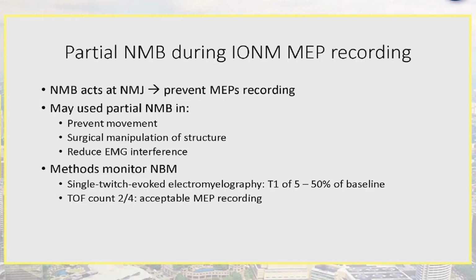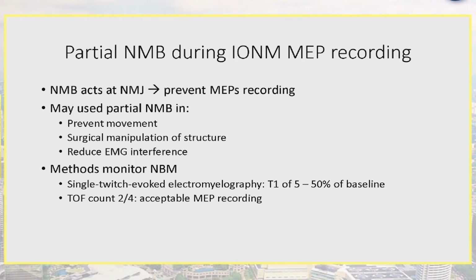However, usually weakness is due to neuromuscular blockade. Usually when we apply neuromuscular blockade, it acts at the neuromuscular junction and prevents MEP recording from being established. However, in certain cases, we can give what we call partial neuromuscular blockade by giving some infusion of muscle relaxant.